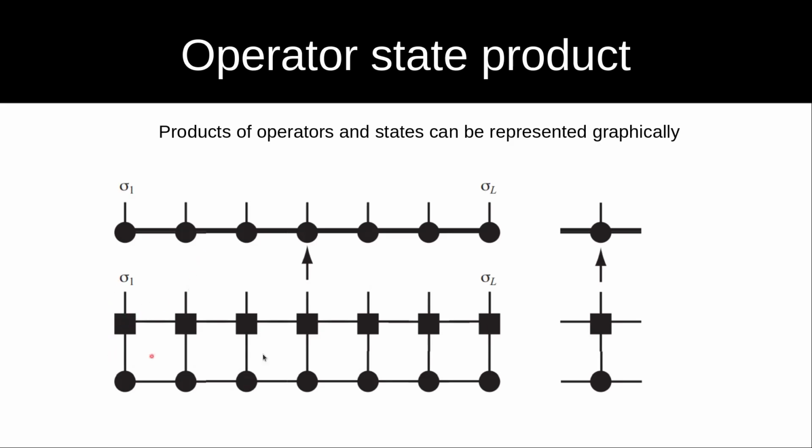You take the operator that you want to apply, you take the matrix product state that you want to apply it to, and now you transform this diagram onto something that looks like a matrix product state. And the trick is that to make this transformation, the only thing one needs to do is products between every single matrix that you have over here. So you essentially sum over this index.